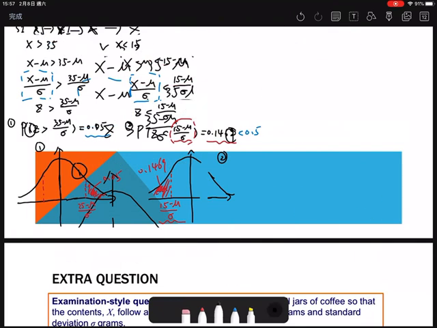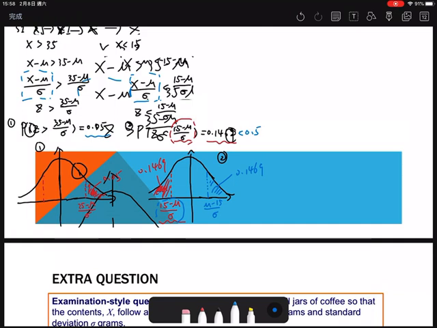So it means that you have to use symmetry. This region is also 0.1469, and the corresponding value will be the opposite value of 15 minus mu over sigma, which will be mu minus 15 over sigma.